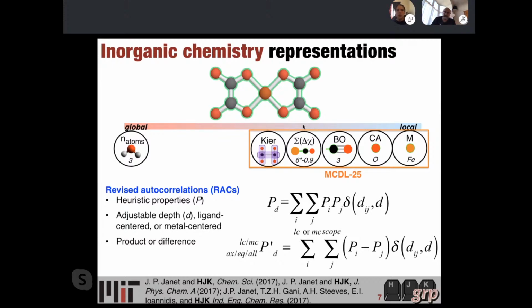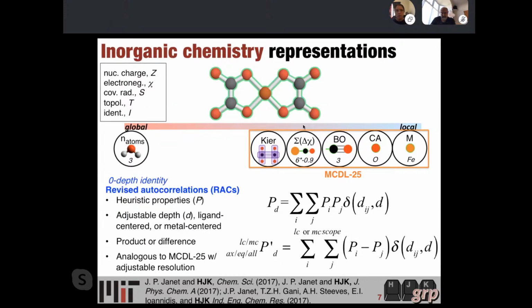What we did to revise them, to tailor them for inorganic chemistry, was we also introduced differences, as well as centering this expansion on the ligand coordinating atom or on the metal. And specifically, the heuristic properties we primarily focused on were the nuclear charge, the electronegativity, the covalent radius, topology, which is the number of atoms connected to that element, and the identity, which is just 1.